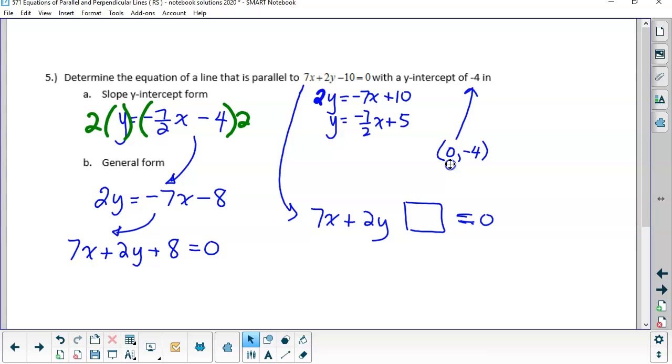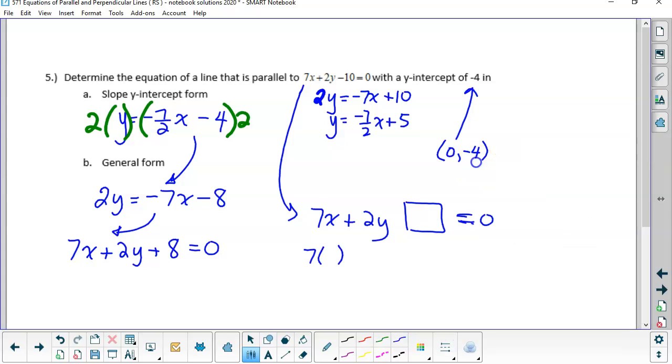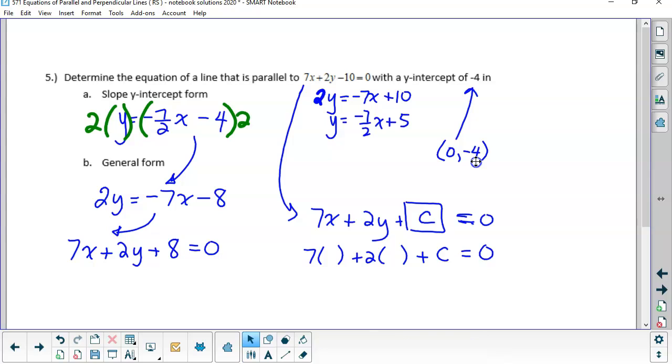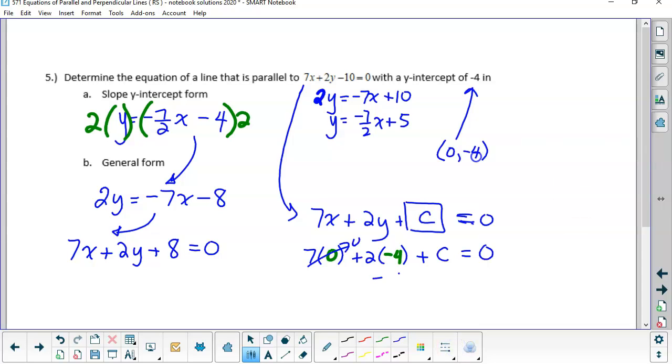So if you put in 0 for x and -4 for y, and really we're calling this c, then we can solve for c. So that's going to be 0 there, -8 plus c equals 0, so c equals 8. And there you go. There's your general form.